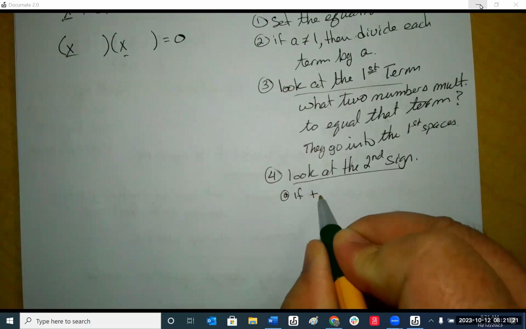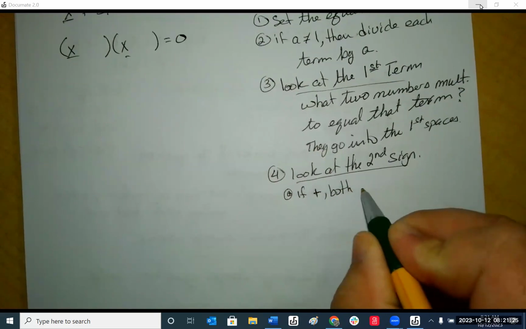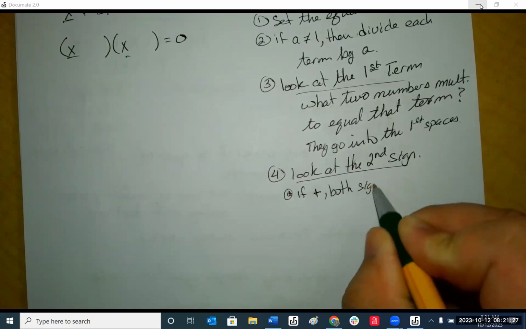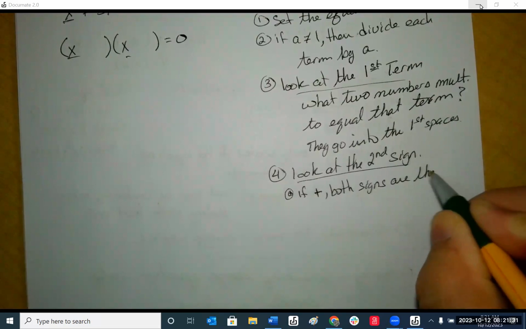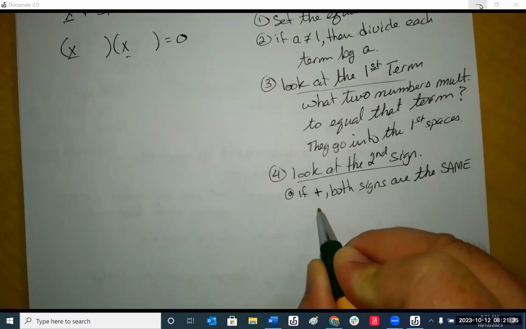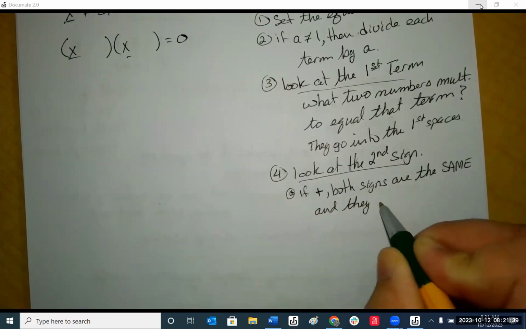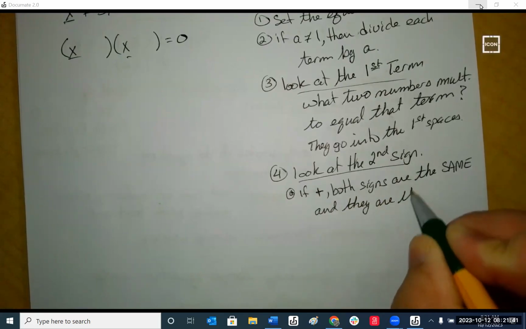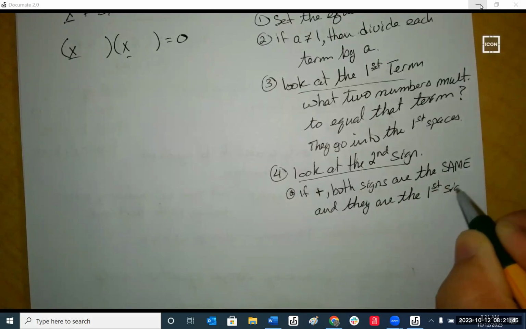If it's positive, then both signs are the same. And they are the first sign.